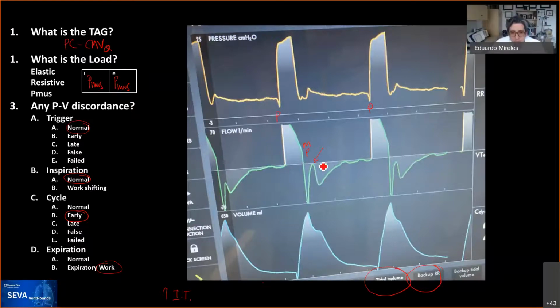So you can see how the flow approximates the baseline. And when it approximates the baseline, that means that the patient is doing an inspiratory effort. What would have happened if this had crossed this line over here? What would have happened, Uri? It would trigger another breath. Exactly. And it did not. So that's an inspiratory effort.